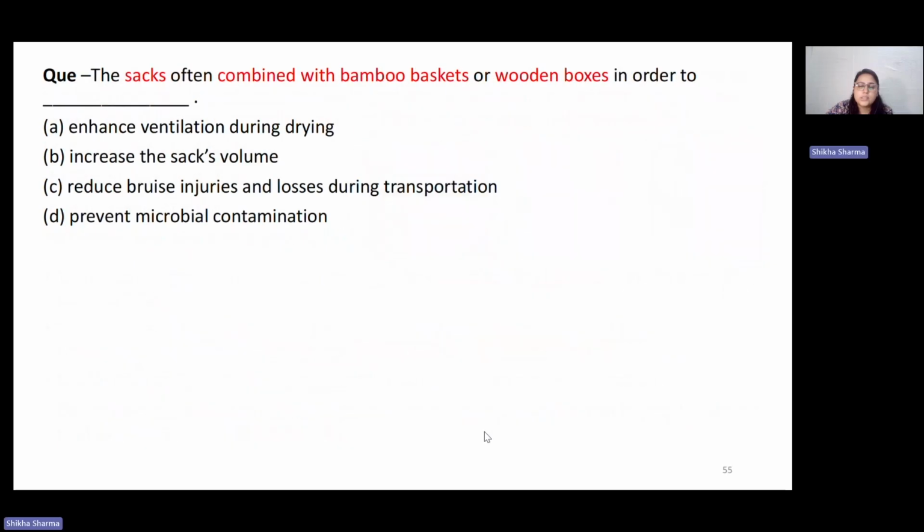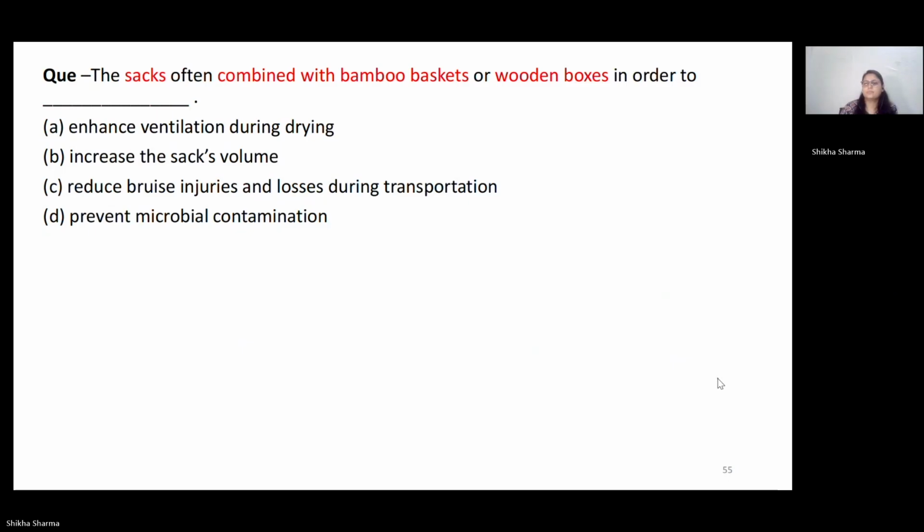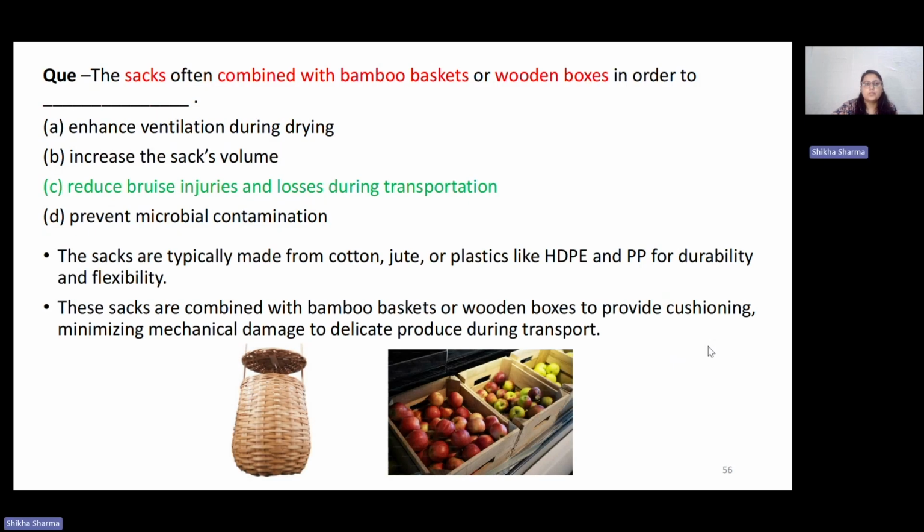Sacks are often combined with bamboo baskets or wooden boxes. For which purpose are sacks often combined with bamboo baskets and wooden boxes? It is to reduce bruising, injuries, and losses during transportation.